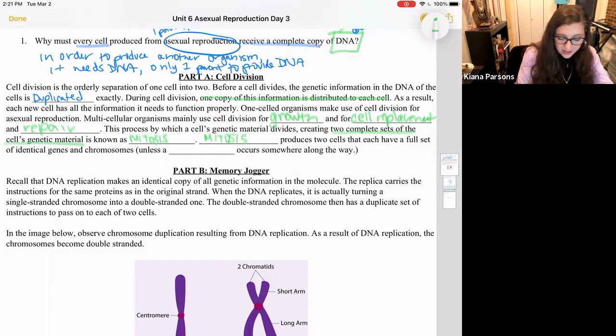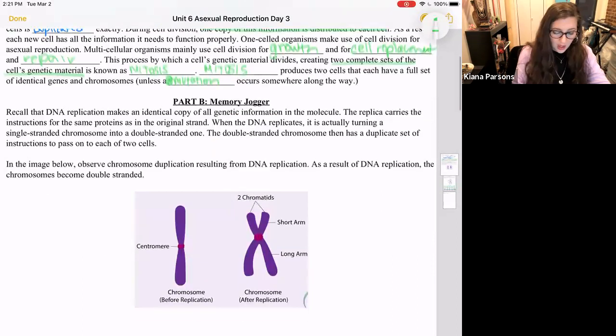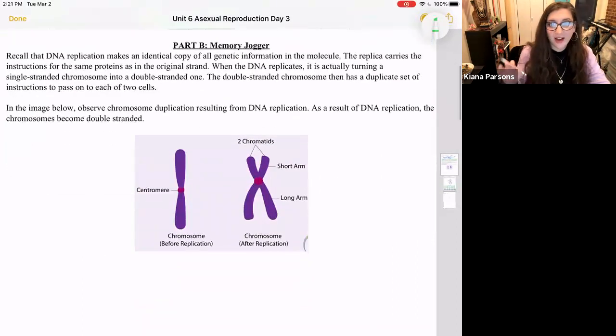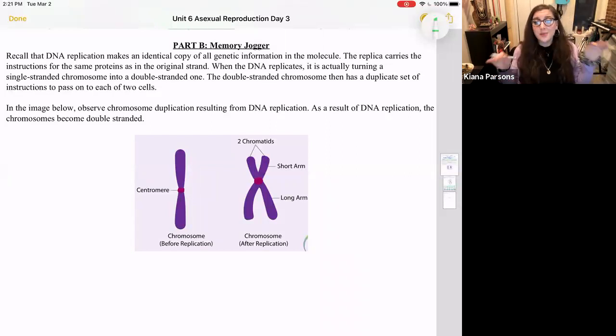And this is where a problem can occur, unless a mutation occurs along the way. And I will just give a caveat to this entire lesson that we are really steamrolling some complicated concepts here and simplifying it for the sake of Living Environment.